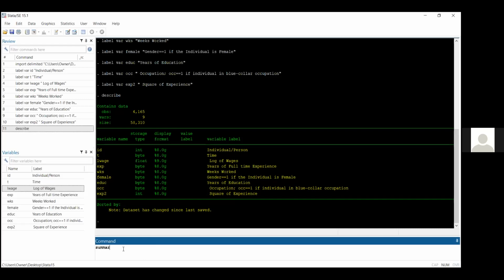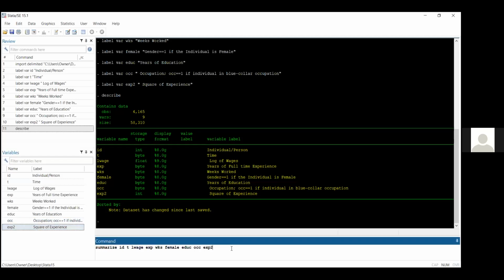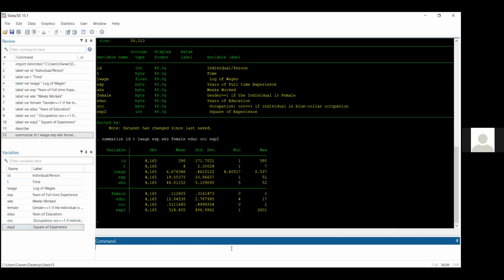The next thing is usually to run some summary statistics, to summarize what these variables are. I know you don't want to report an ID and time, but I'm just going to include them. Just keep clicking on them, and you display everything that you want to see, the summary statistics, in other words.